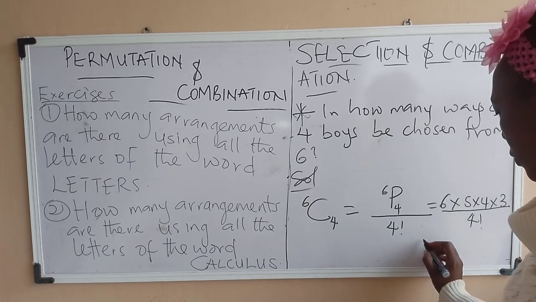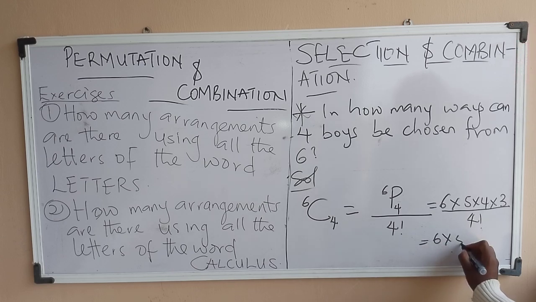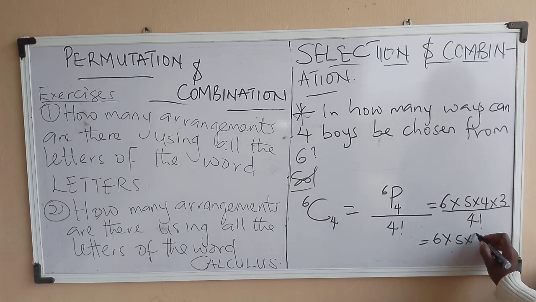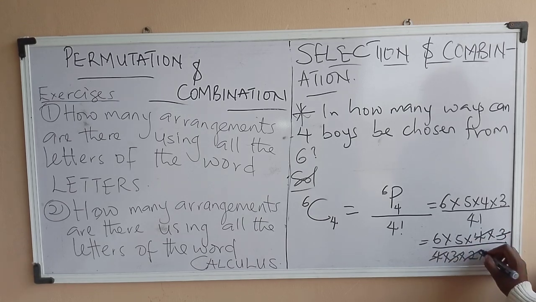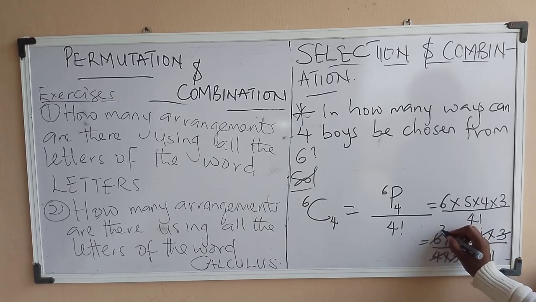So 6 times 5 times 4 times 3 all over 4 times 3 times 2 times 1. So 4 cancels 4, 3 cancels 3, 2 here is 1, and 2 here is 3.